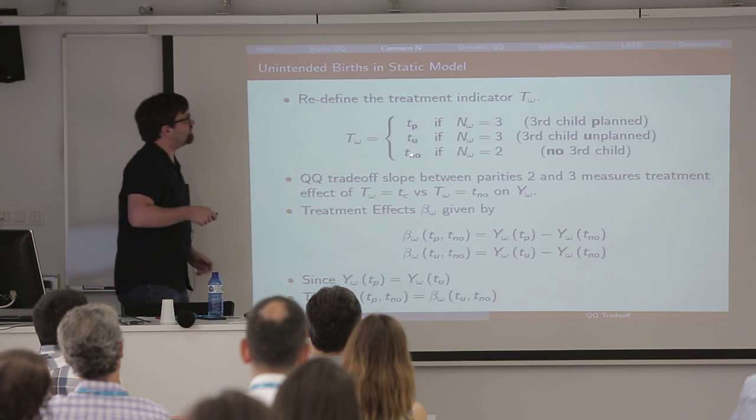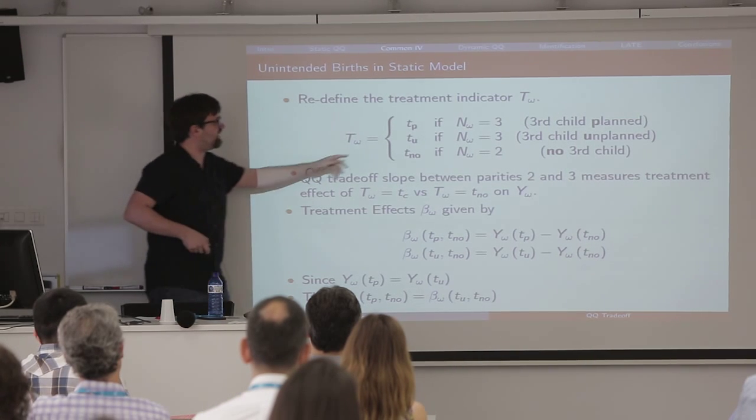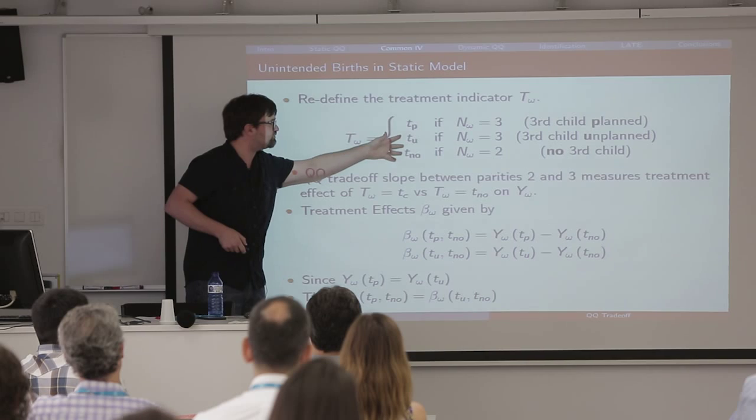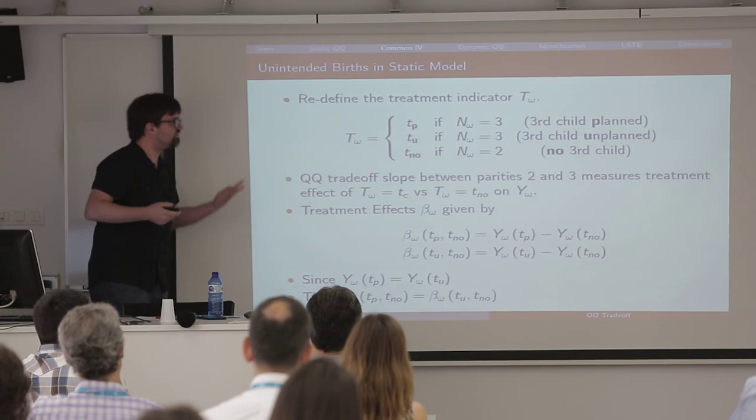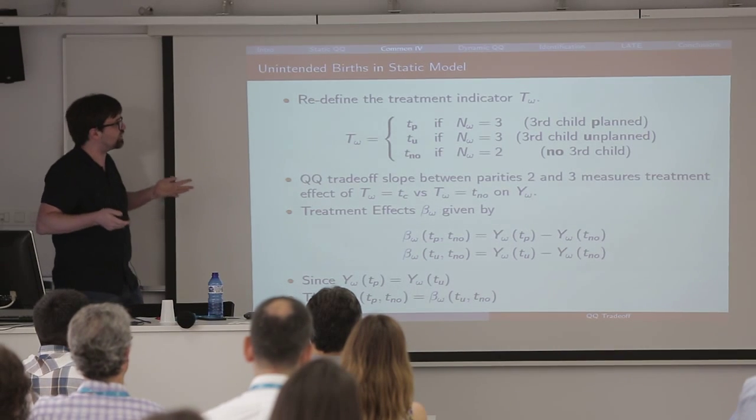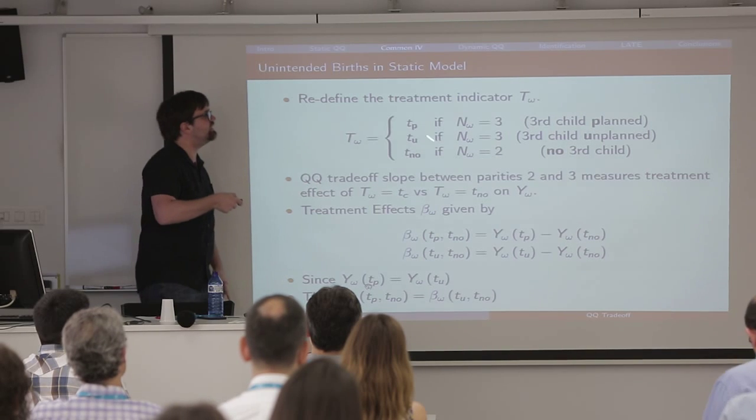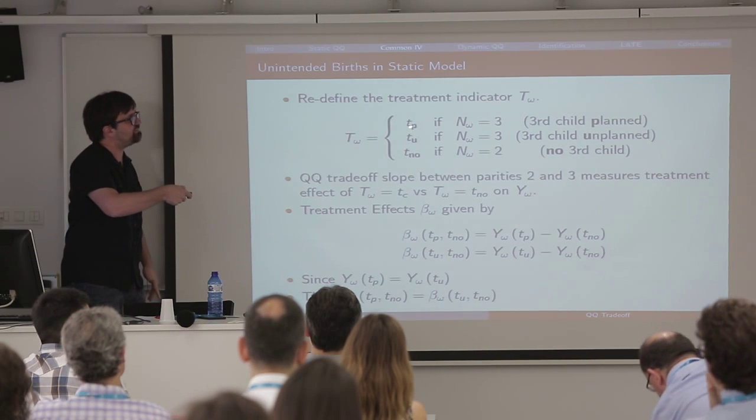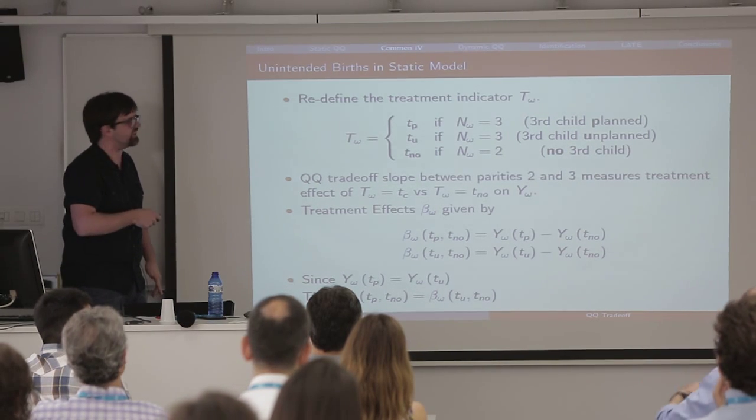Okay, so the only thing you need to do is redefine that instead of having TC and TNO, you have now 3 possible treatments, or 2 treatments and one essentially control, which is not to have another kid. But now you distinguish between having a planned third kid or an unplanned third kid.